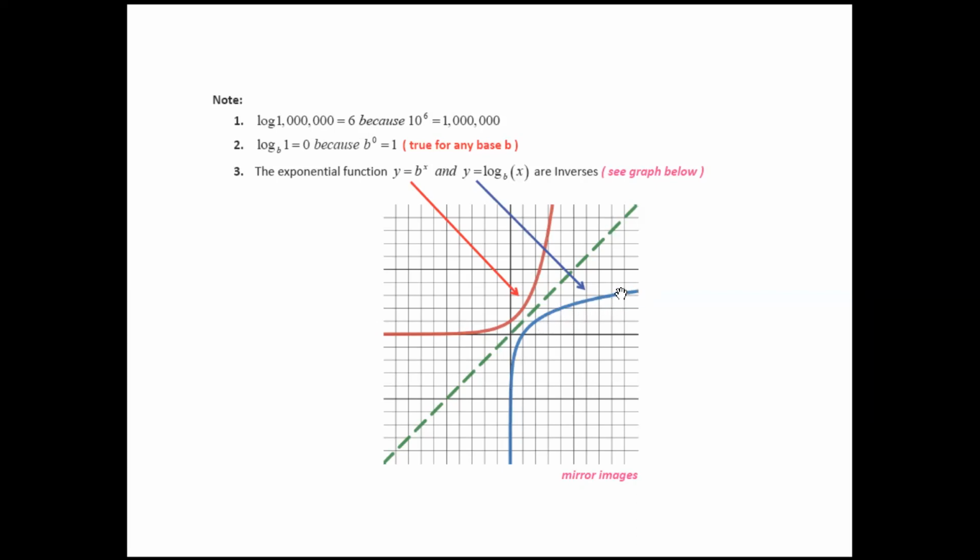Now, if you recall from earlier courses, these are inverses of each other, because this dotted line is y equals x. And if you fold this over along the dotted line, they will be superimposed on each other. Or another way of saying, if this is a mirror, this is the reflection of this graph behind the mirror.